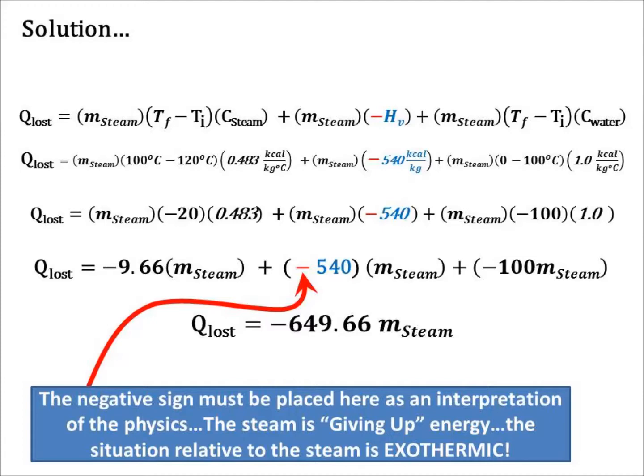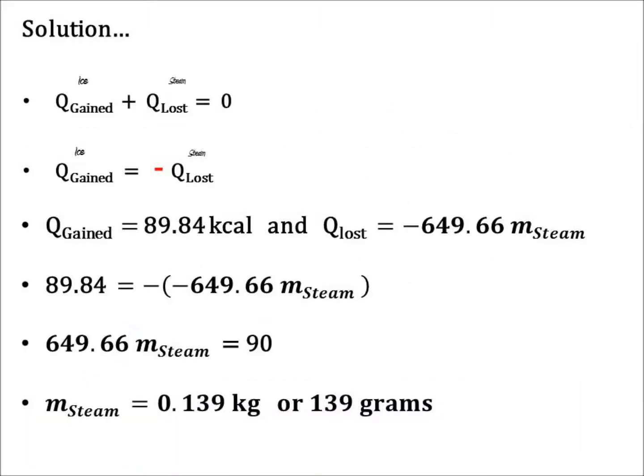The next slide, I go back to the original equation, and I see that the heat gained by the ice plus the heat lost by the water equals 0. Heat gained by the ice equals negative the heat lost. The heat gained is going to be 89.84 kilocalories.